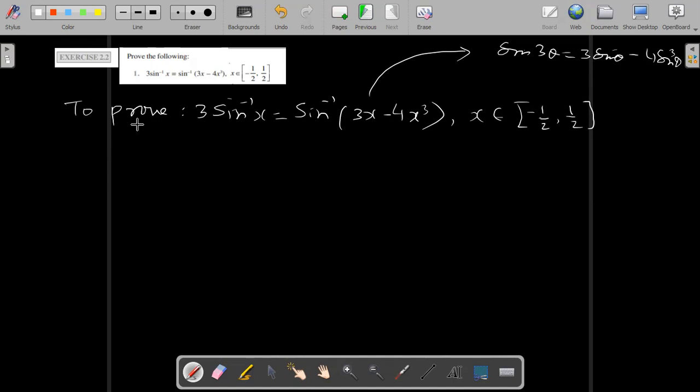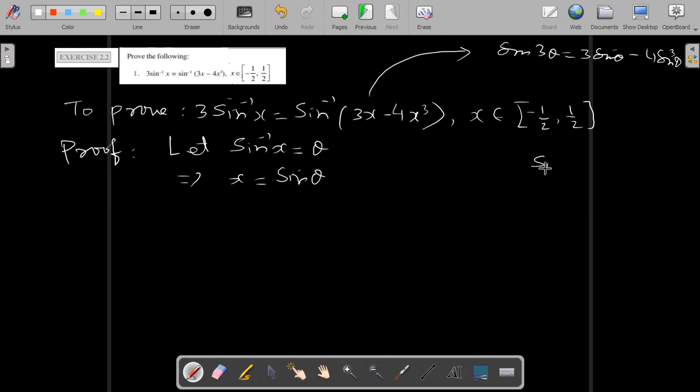Okay, so now how will we prove it? Let sine inverse x be equal to theta. So we can write x is equal to sine theta. Actually, we should not say it is coming this side.